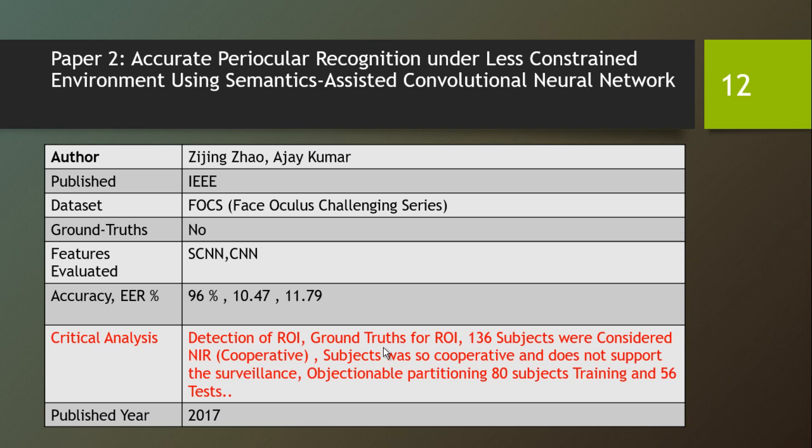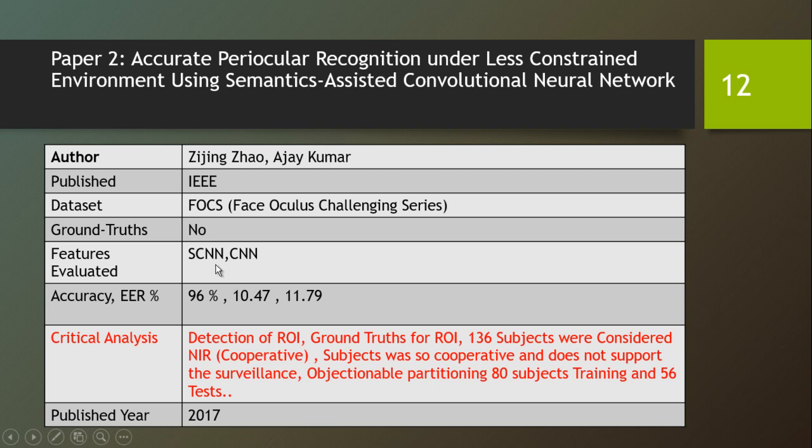The second paper which I have taken as a benchmark corresponding to my second data set was accurate periocular recognition under less constrained environment using semantic convolutional neural network. The paper was published in the IEEE Face Ocular Challenge Series. The data which I have also considered in my research was used.